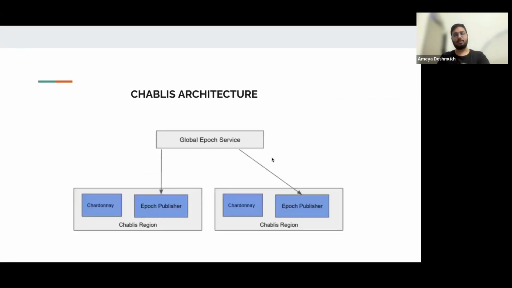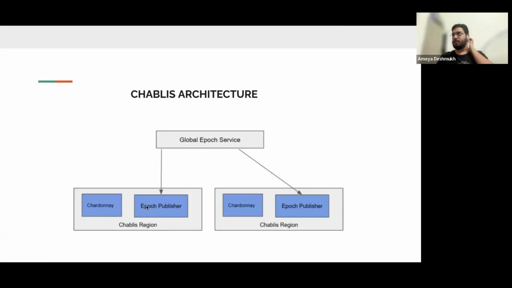So the architecture looks something like this. There's a global epoch service. You have Chardonnay running. A Chablis region consists of Chardonnay and an epoch publisher. Once the global epoch updates, which might be as frequent or as infrequent as the local epoch service but is incrementing at a regular pace, it publishes the epoch number to the epoch publishers, which is then served to the Chardonnay system within the Chablis region.